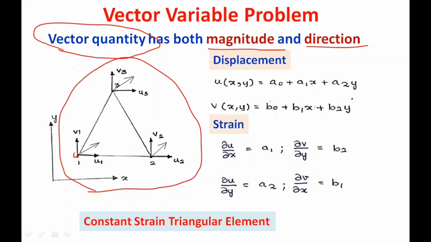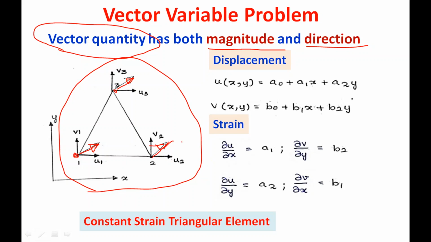At each node, when you take the local displacement, which is a vector quantity, it may have some direction like this, and here at node 3 it may have some other direction. Displacement here represents the deformation of the body.